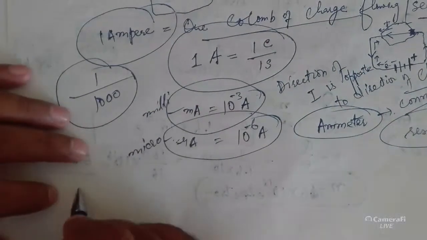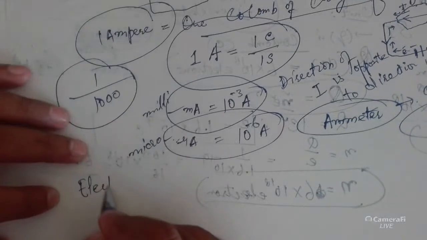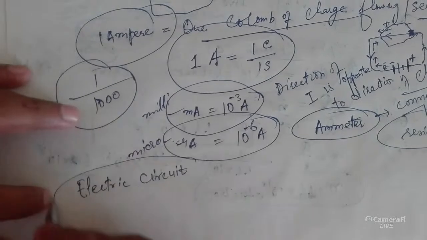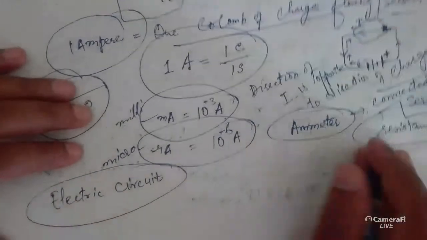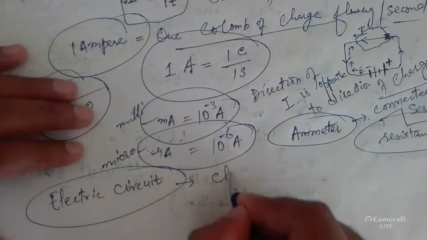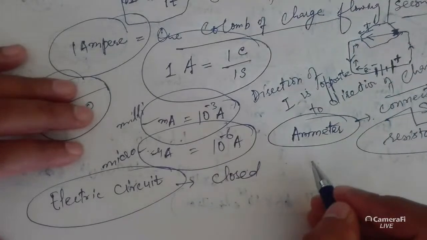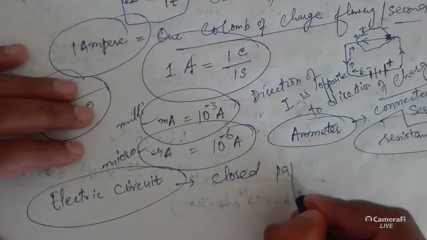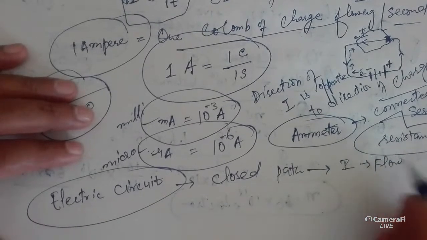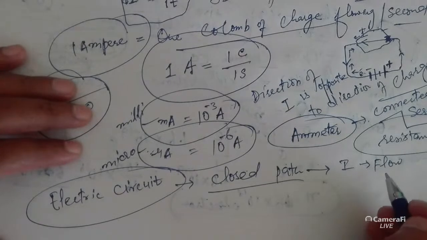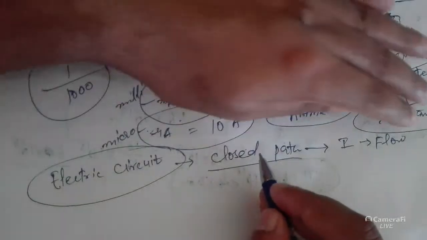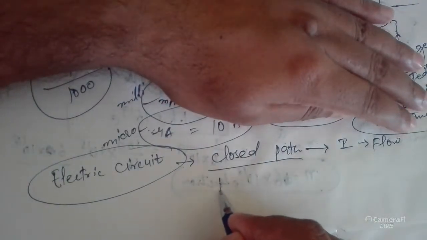Now let us see what is an electric circuit. It is a closed path along which the current will flow. Electric circuit is nothing but a closed path along which the current will flow. For example, I will try to make one electric circuit here. In an electric circuit, we have some important points.